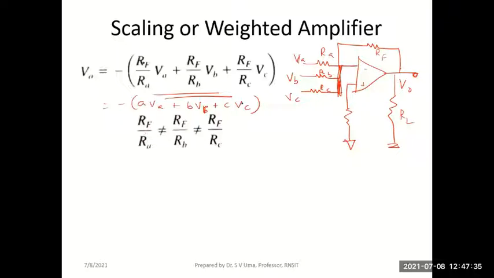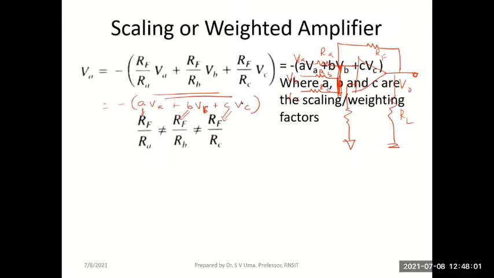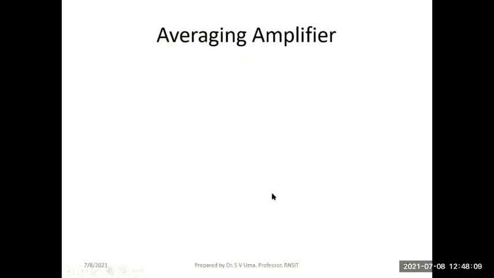When all these resistor ratios have different values, A, B, C all are different: RF by RA represents A, RF by RB is B, and RF by RC is C. We have different multiplication or scaling factors for the input signals, so I can simply call it a scaling or weighted amplifier. Same equation, A VA plus B VB plus C VC. A, B, C are the scaling or weighting factors.